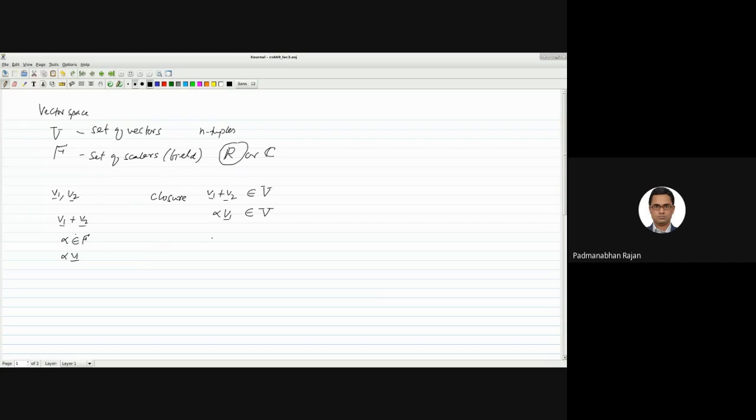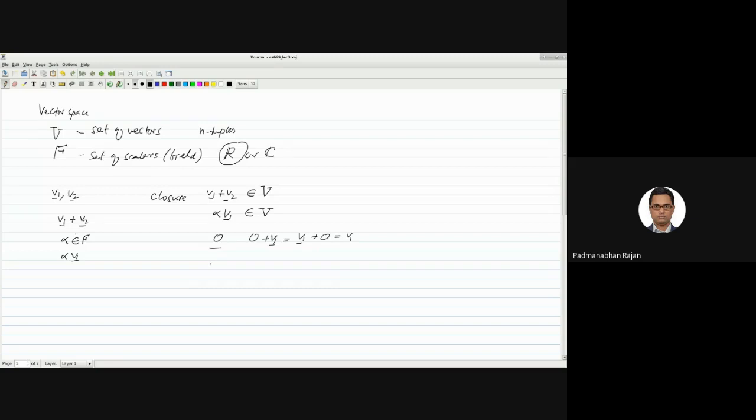A vector space will also have a zero vector such that 0 plus V1 is equal to V1 plus 0, equal to V1. A special vector called the zero vector, and there are some other additional properties.